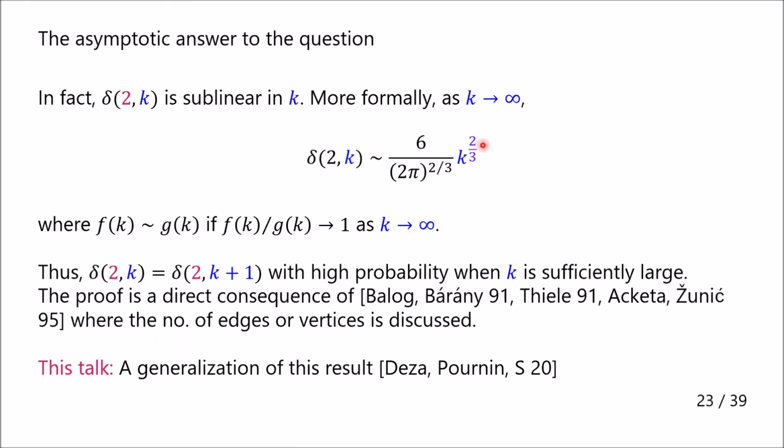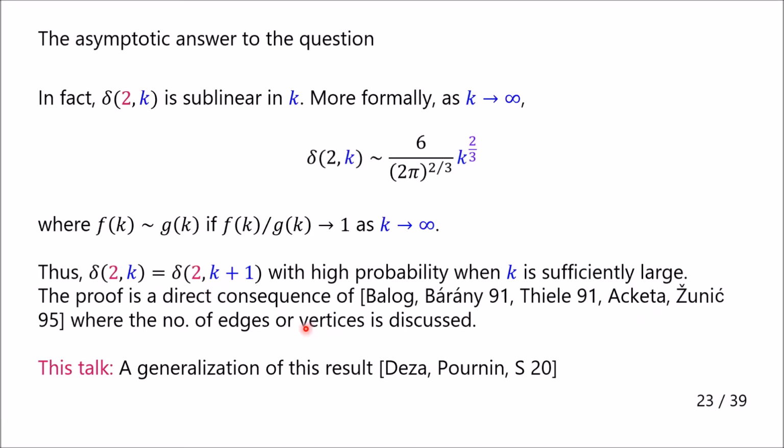So here, please note that the exponent is 2/3. This means that 2 consecutive values take the same value, I mean, fail to increase with high probability when k is sufficiently large, which might fit our intuition.